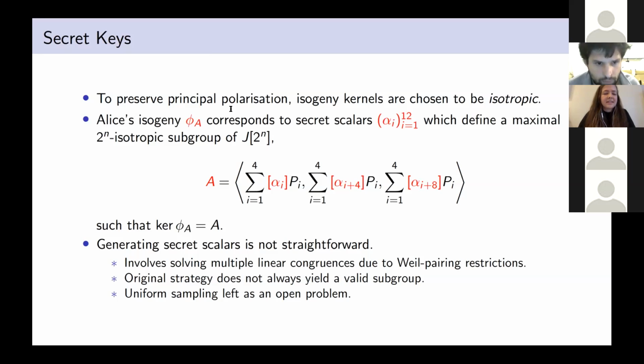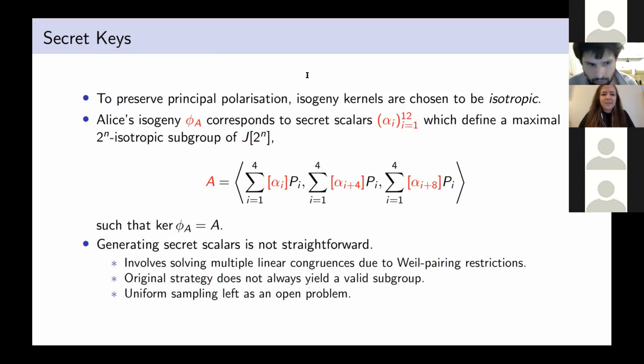Basically Alice's subgroup is determined by these secret scalars. These 12 secret scalars determine the 3 kernel generators of her secret subgroup. Due to the extra conditions on the Weil pairing, the key generation is quite involved.